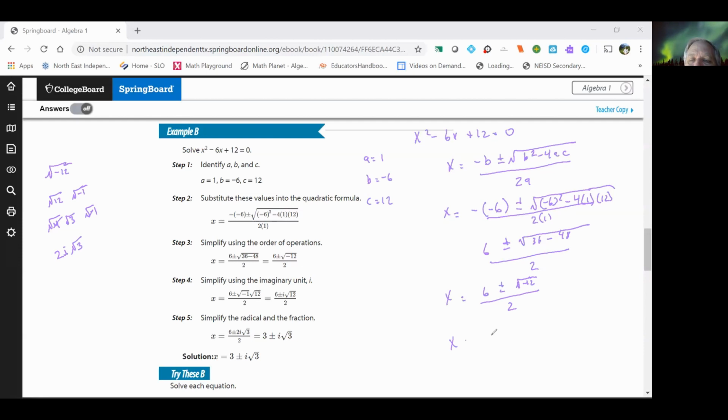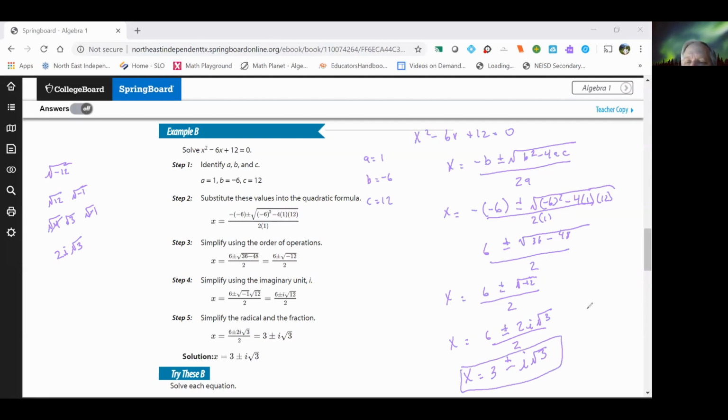So x is equal to 6 plus or minus 2 times i times the square root of 3, all that over 2. Now we can simplify. 6 over 2 is equal to 3. Plus or minus, 2 over 2 cancels out, so it's just i times the square root of 3. And that's going to be our answer.